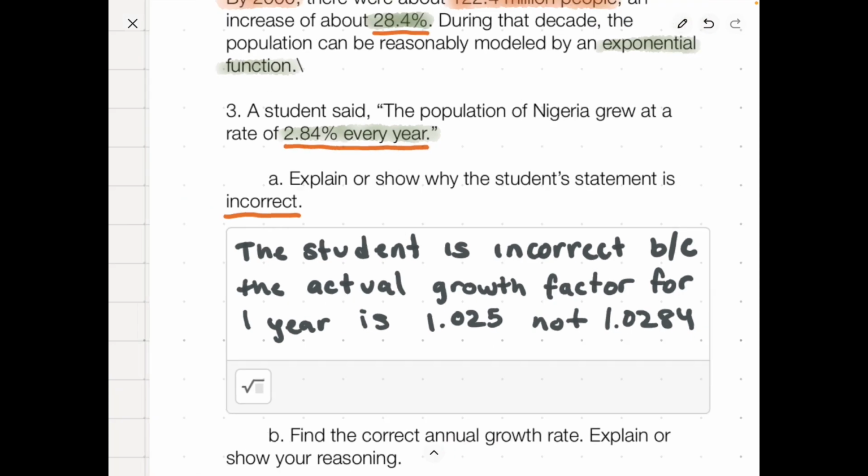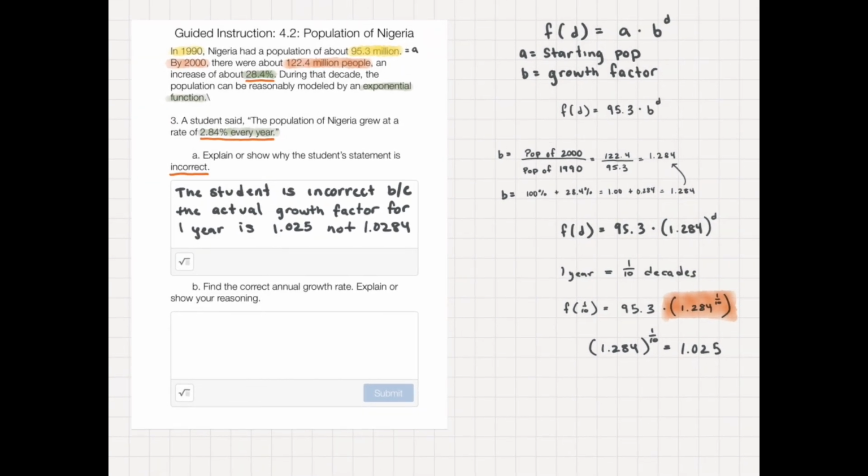So the way that we calculate what the actual growth factor is, we plugged in right here what 1 year would be into our equation. And then we were able to figure out what was the number that you multiply by for 1 year. You would multiply by 1.284 raised to the 1/10th power. That is the growth factor.